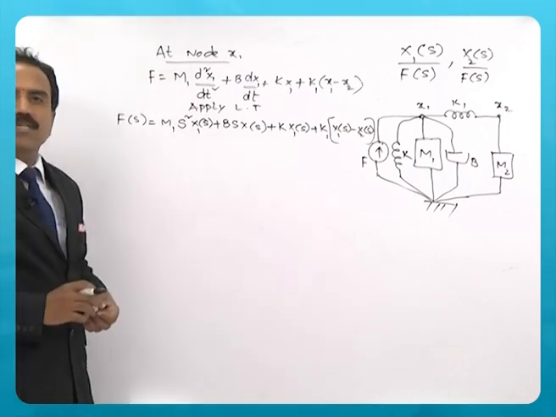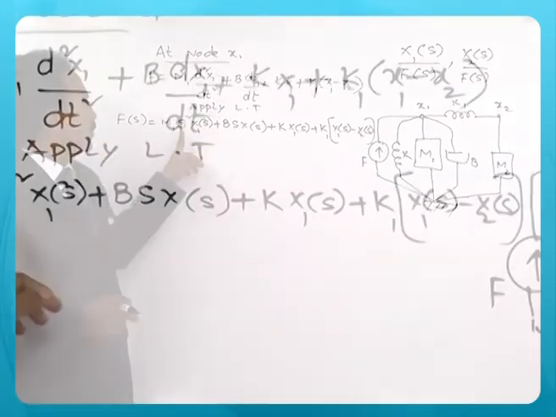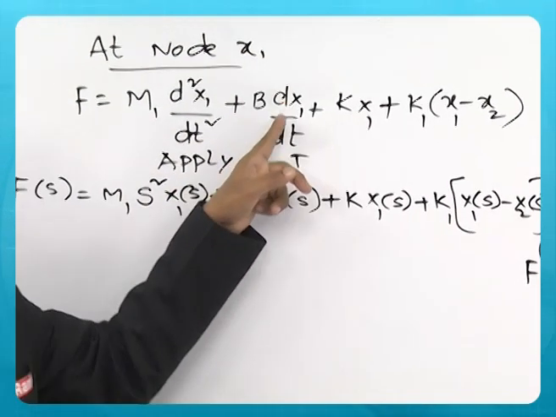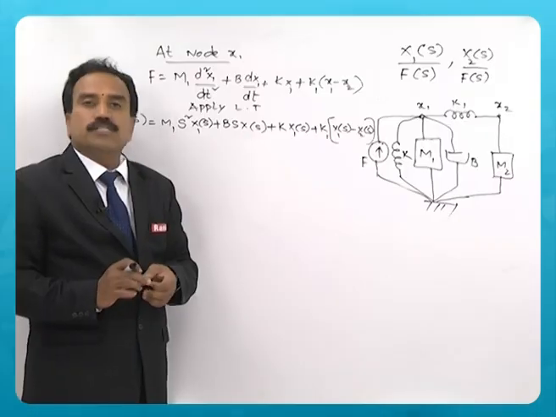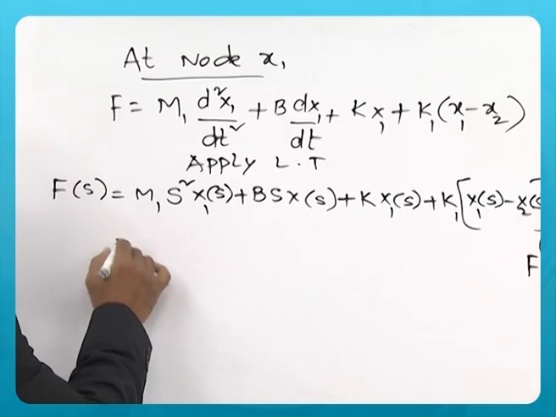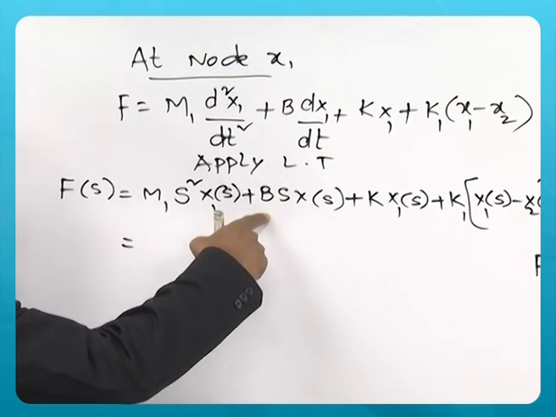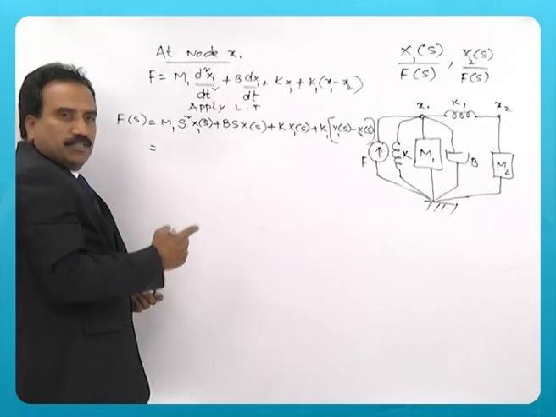Application of Laplace transform we have already discussed. If it is a d square term, you have s square. If dx by dt, it is s into X(s). That way the Laplace transform is applied, and I can say that this is an algebraic equation and the earlier one is a differential equation.